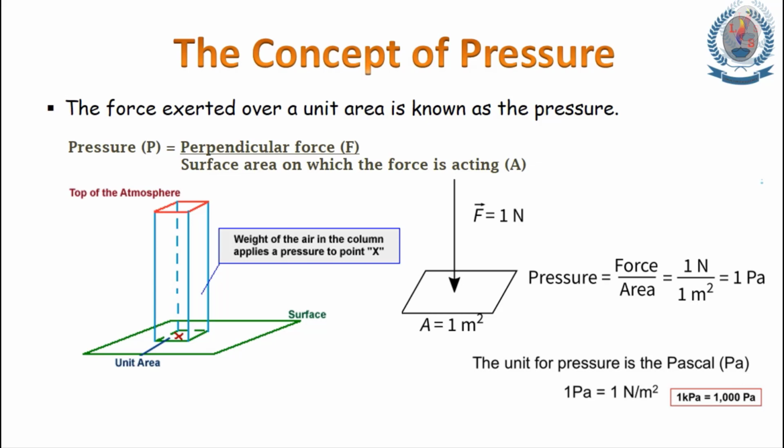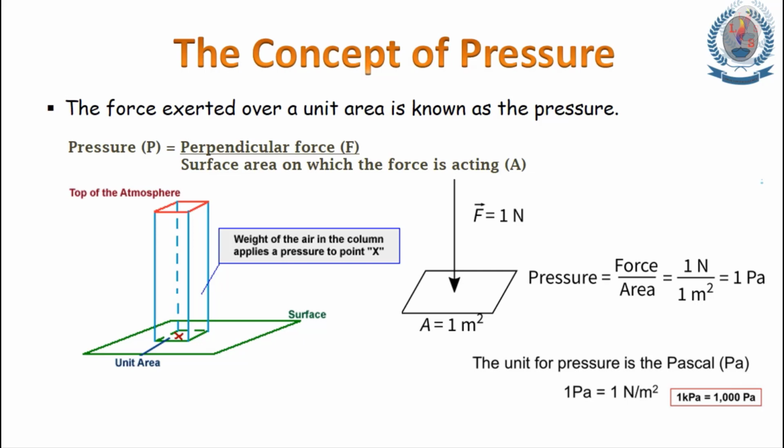So now you have an idea about pressure. The force exerted over a unit area is known as pressure. So here you can take two main things, the force and the unit area. So the definition of pressure is the force exerted over a unit area. It is known as pressure. To define this concept of pressure, dear kids, we need two factors.